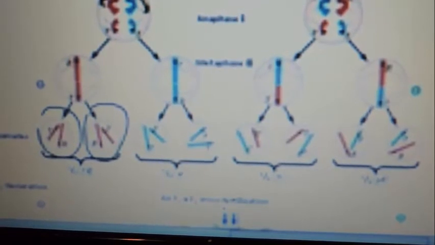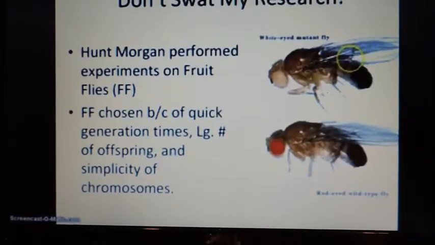So in the diploid organism, you have two copies, one from each parent, but then in the offspring, only one is passed. So by tracking the movement of these chromosomes, we are able to confirm Mendel's laws of independent assortment and segregation.